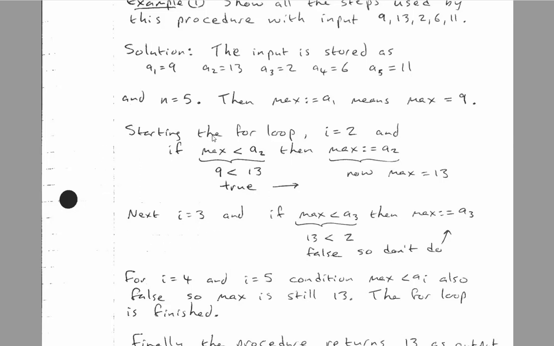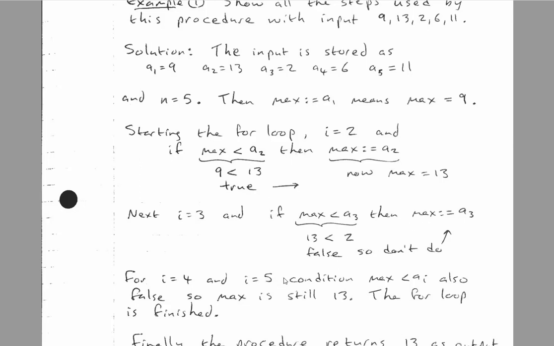The loop goes to i equals 4, and this is similar: 13 strictly less than 6 is also false, so nothing changes. And when i is 5, 13 strictly less than 11, it's closer, but it's still false, so we don't change max.